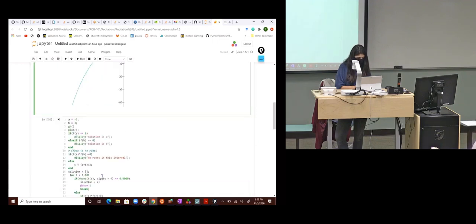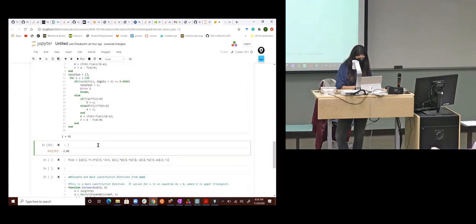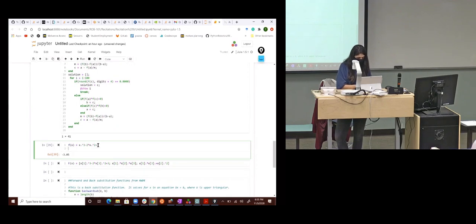I'm going to define df of x to be the differential of that. So that becomes 3 times x squared minus 4 times x.